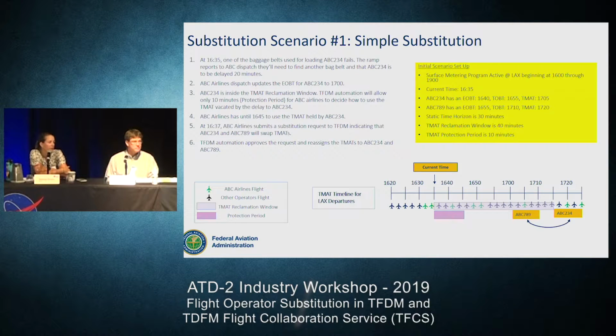So as long as that's kept up to date, TFDM is going to try. TFDM's business is not to artificially spread out a schedule. It'll try to achieve the times that the airlines want to operate.